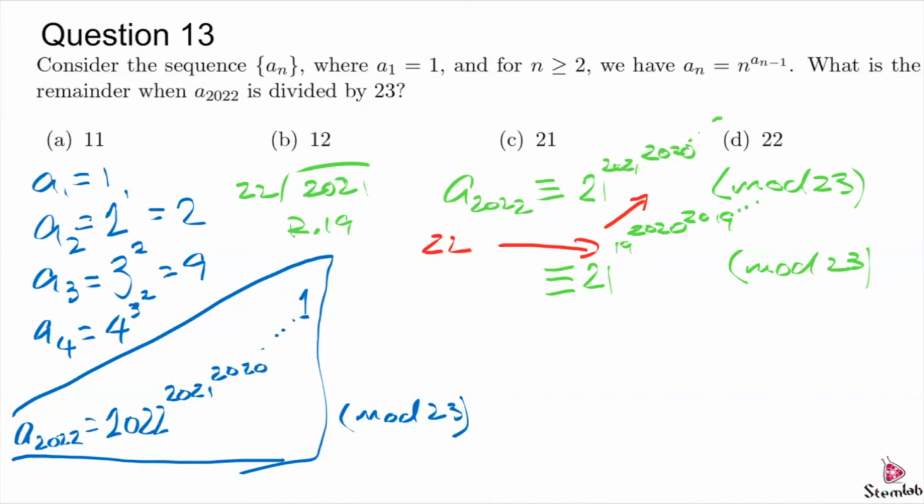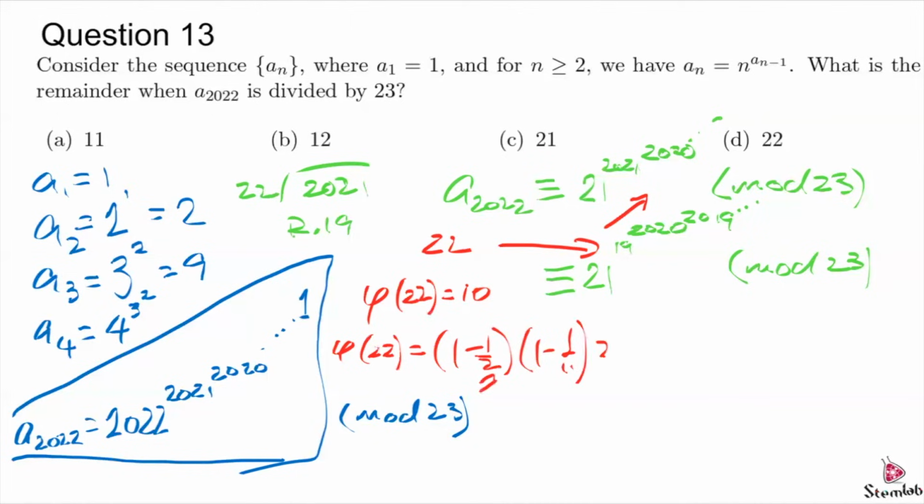We can do phi of 22, which is 10. If you're wondering how to do it, phi of 22 involves the prime factors: 1 minus a half, this is the 2, and 1 minus 1 over 11, times 22.